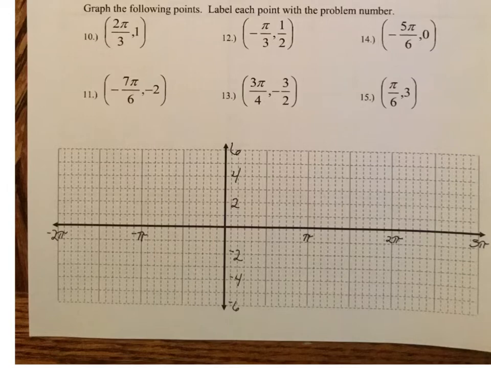If we take a look at problem 10, that one is 2 pi over 3. We would need to convert 2 pi over 3 so it has a denominator of 12. Doing that, you can see that that would be 8 pi over 12.